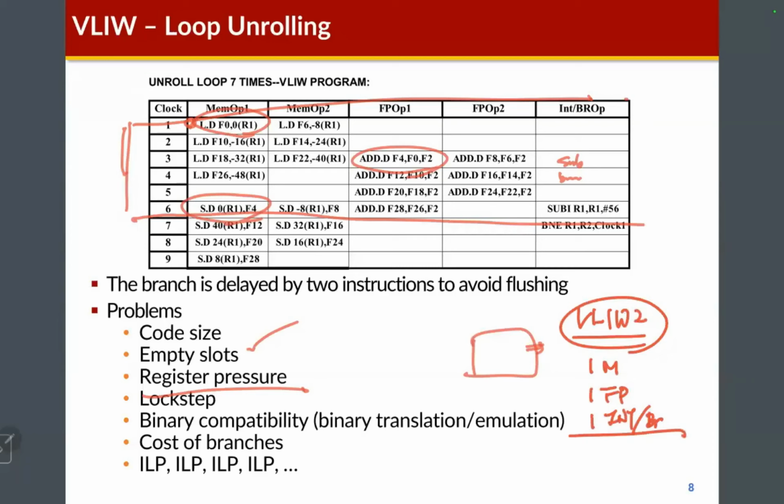The compiled binary code is compiled for two memory slots, two floating point slots, and one integer slot. So this binary cannot be executed by different VLIW hardware. It's a very critical issue. Binary compatibility.